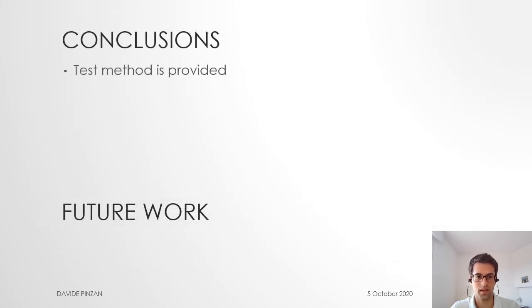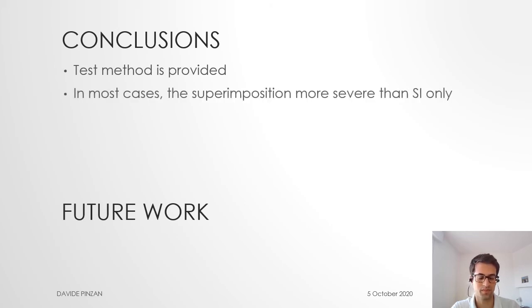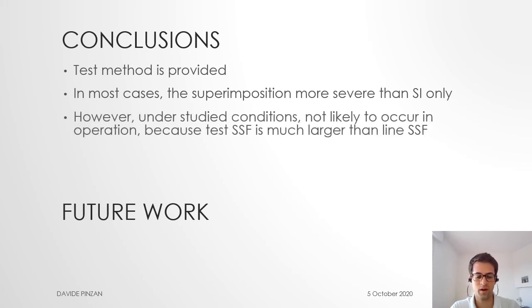In conclusion, a test method is provided, which is not provided by standard test methods. In most cases, the superimposition is more severe than the switching impulse only case. However, the disturbance which the insulator is able to withstand in the laboratory is much higher than the ones that should be seen in the field.